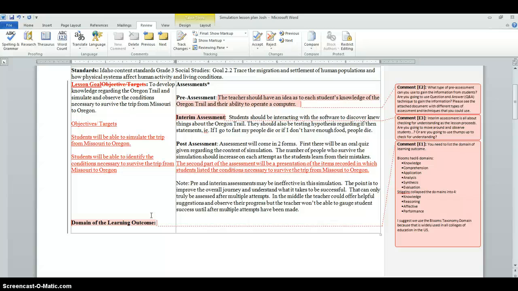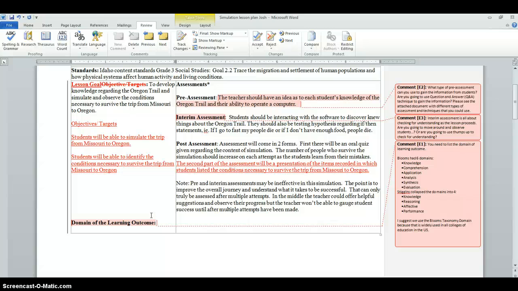But the other one, where you say observe the conditions necessary to survive the trip, the word observe is not very measurable. As they are observing, what exactly are they doing that you'll be able to assess to see if they've met the objective?